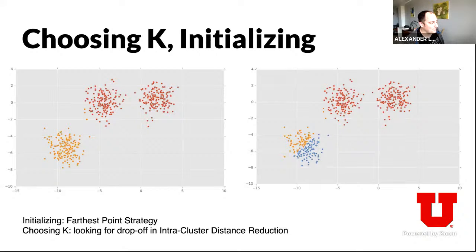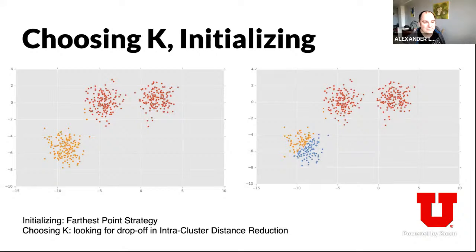Next, you pick the point that is farthest away from that point. Then you pick another point that is farthest away from the other 2 points. By doing that, you get a sensible, often more useful initialization than you would get if you just picked points randomly.